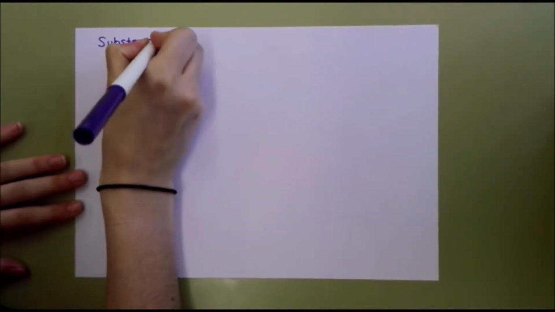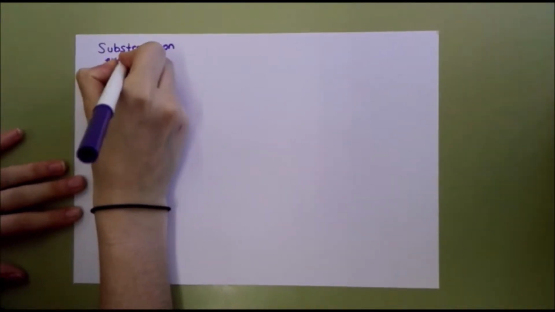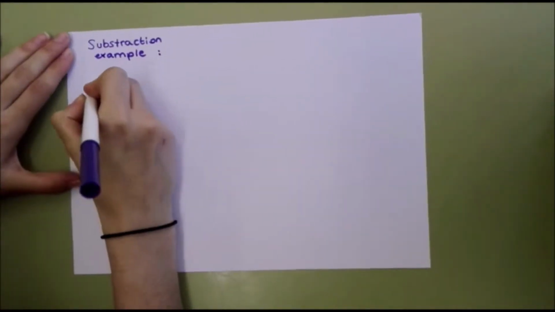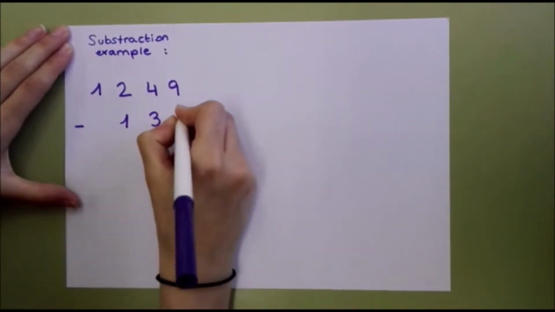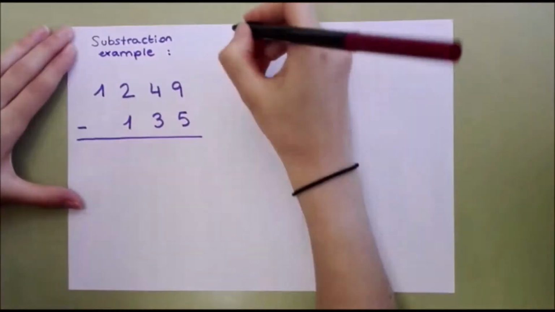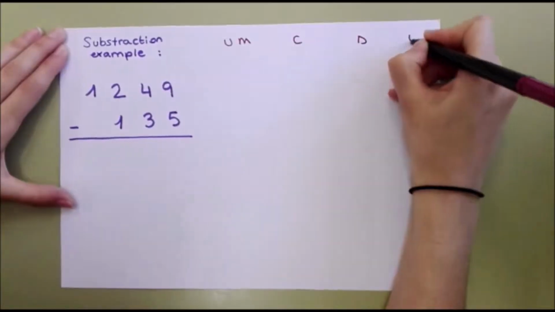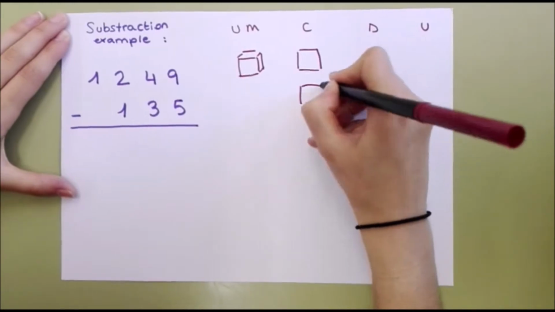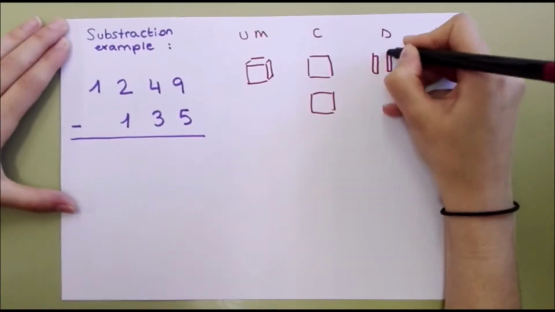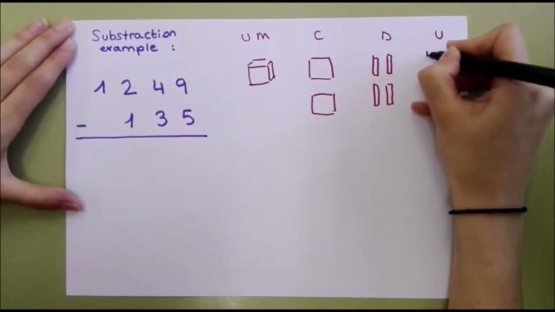Subtraction example. Let's take the number 1249 minus 135. We have got 1000 units, 2 hundreds, 4 tens, and 9 units.